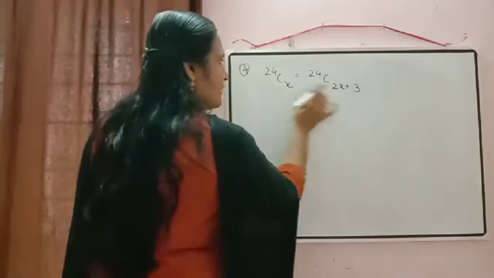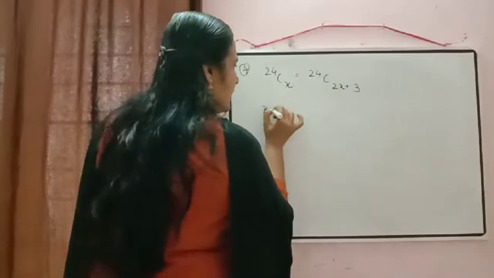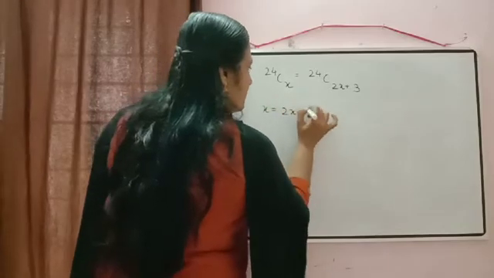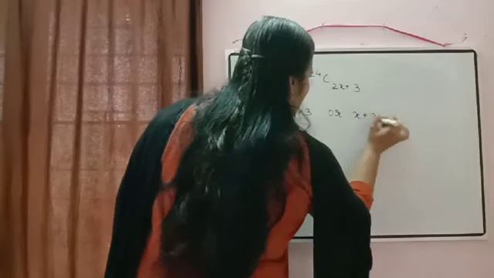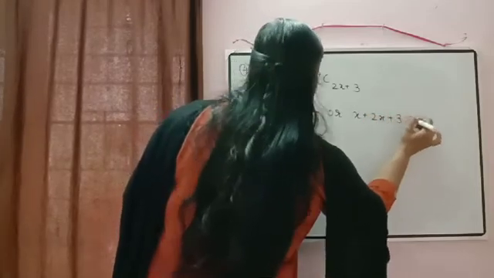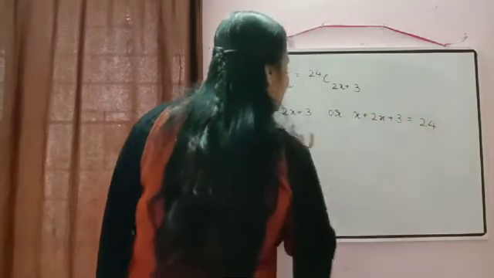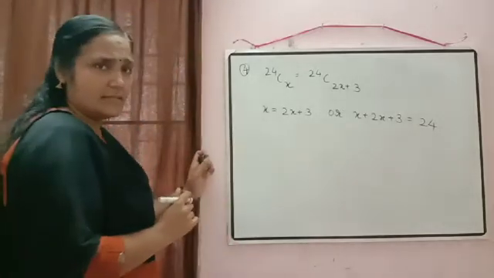If these two expressions are equal, X will be equal to 2X plus 3, or X plus 2X plus 3 is equal to 24. Out of these two, any one condition is possible.